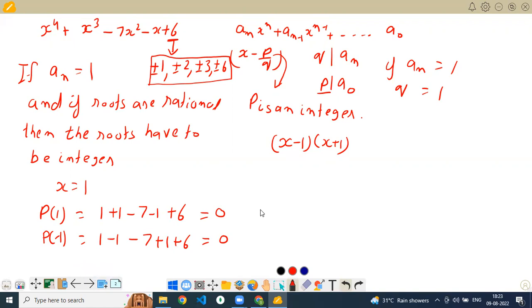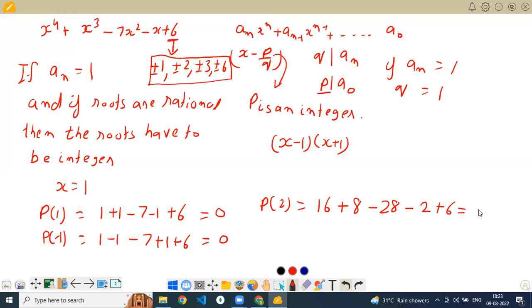Let's put x equal to 2. And what is p of 2 equal to? 16, 8, 28, 2 plus 6. It's also 0.